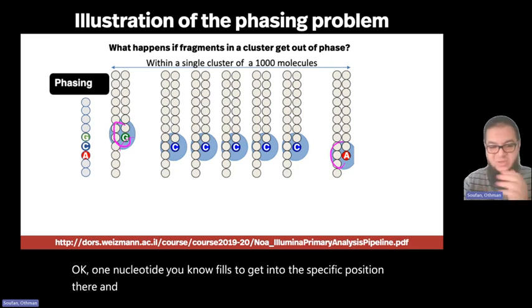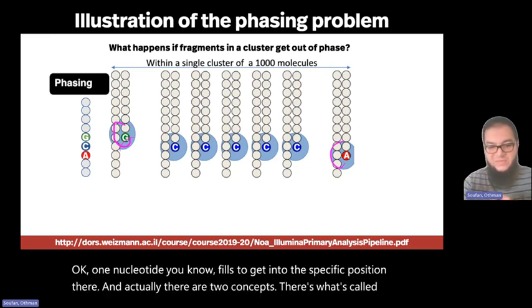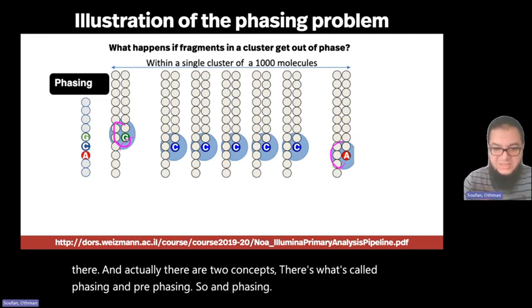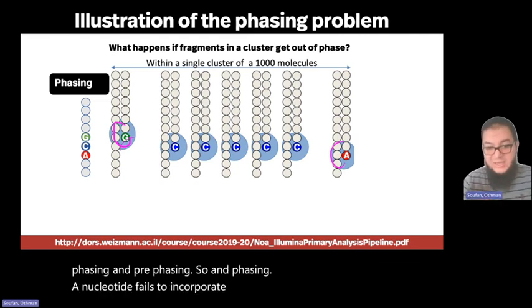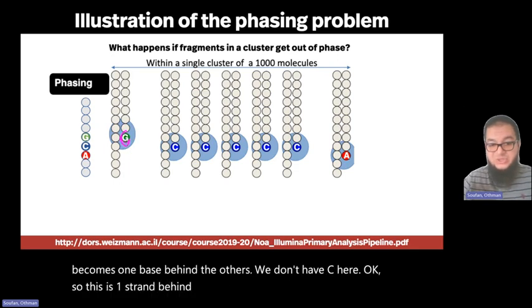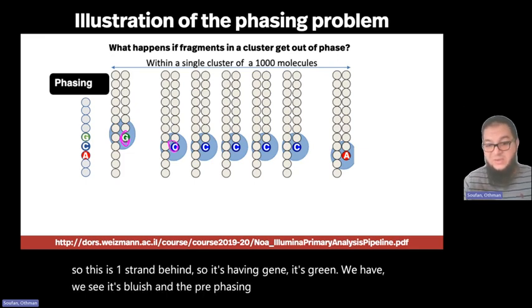And actually, there are two concepts, what's called phasing and pre-phasing. So in phasing, a nucleotide fails to incorporate into a strand. That strand becomes one base behind the others. We don't have C here, so this is one strand behind. So it's having green, we see it's bluish. And the pre-phasing is actually having an extra one here.